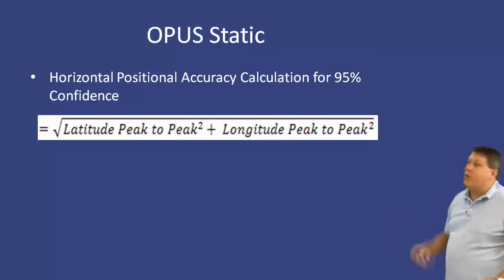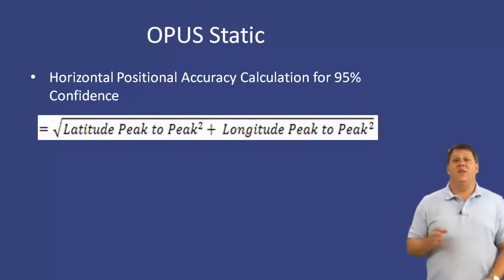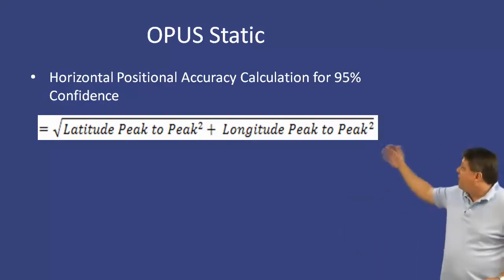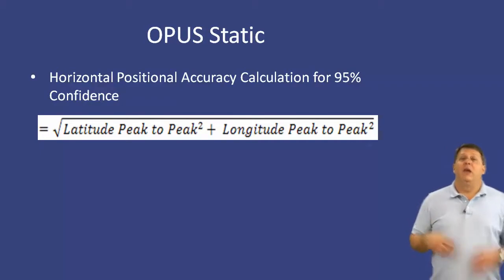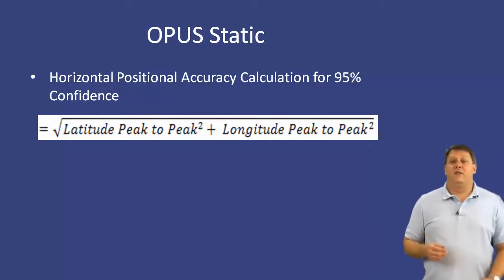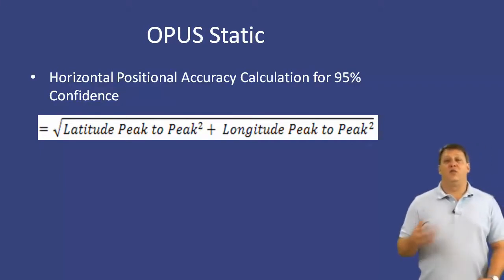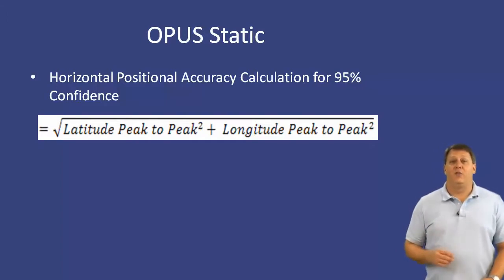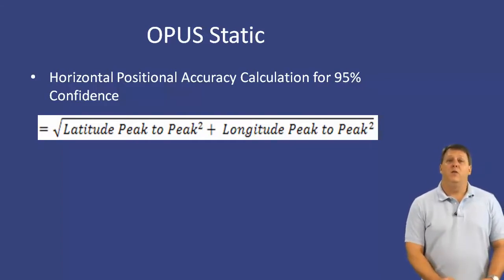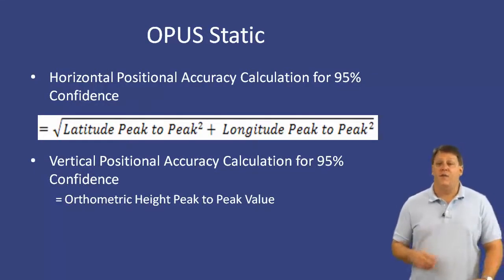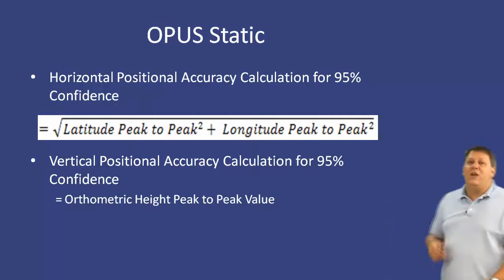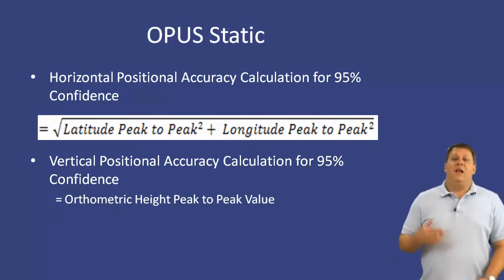To compute our horizontal positional accuracy at 95% confidence, we'll take our latitude peak-to-peak and square it. We'll add it to our longitude peak-to-peak value squared, and then we'll take the square root of that answer, and that is our horizontal positional accuracy at 95% confidence. To compute our vertical positional accuracy at 95% confidence, it is the value listed beside orthometric height peak-to-peak.